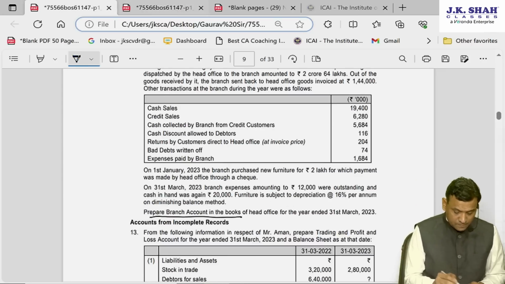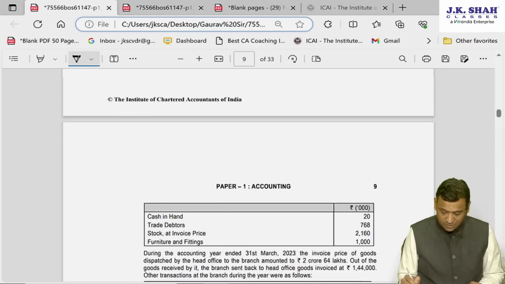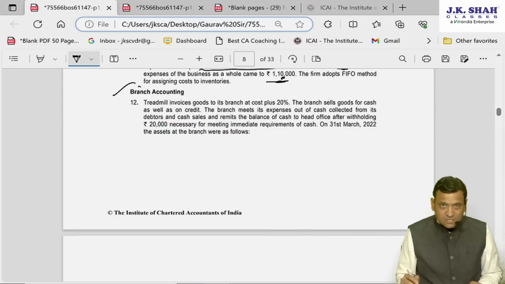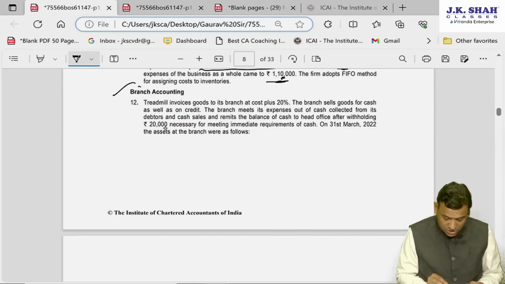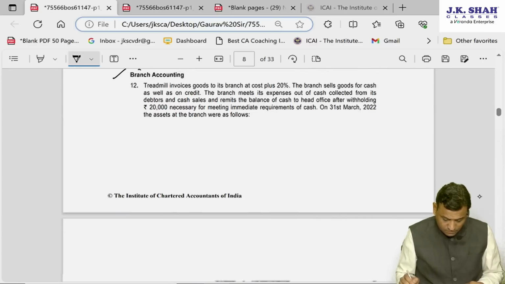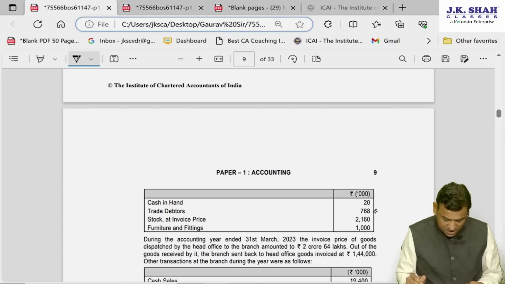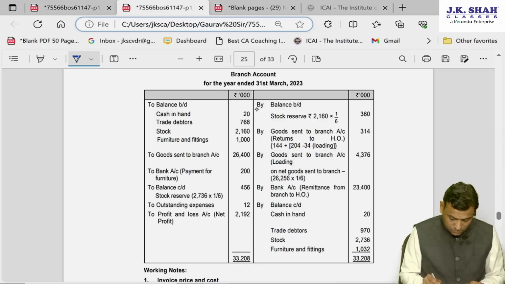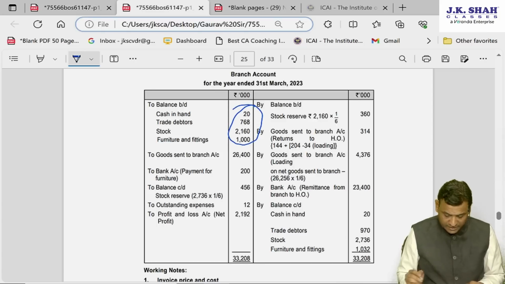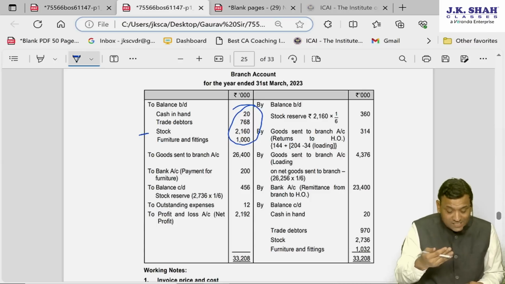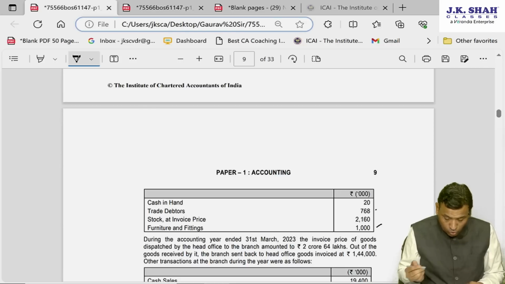So opening balance in my branch account is nothing but my capital balance, investment balance, which is 20, 768, 2160 and 1000. Thereafter, when you say stock, don't you think the stock is at invoice price? So there should be a loading element.